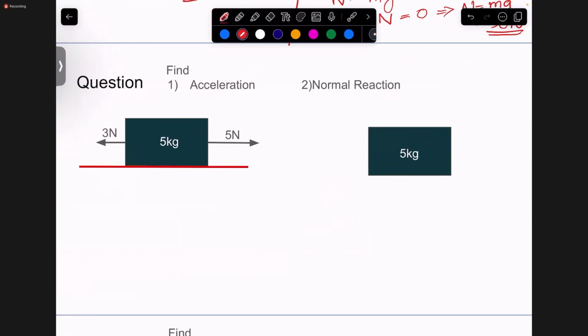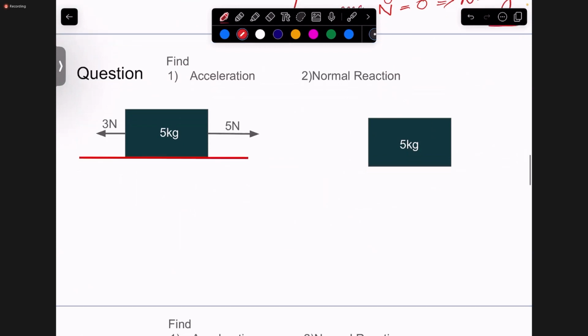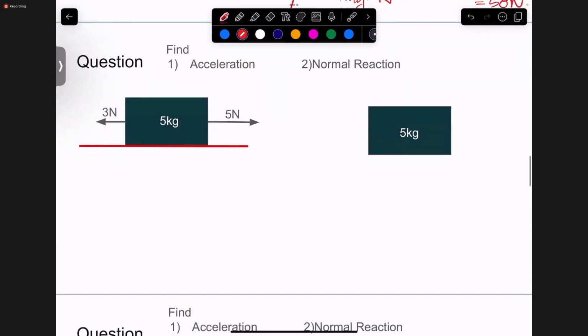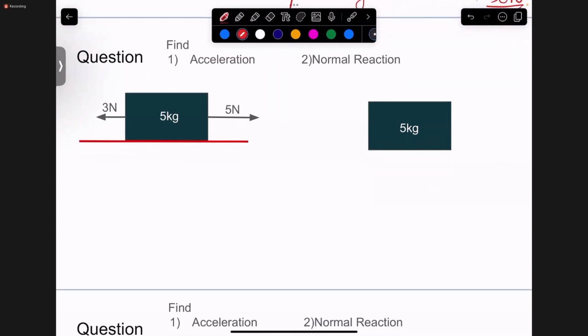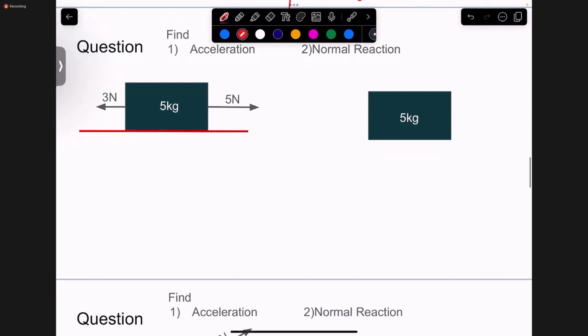Now, the next question. There are two forces acting on this block. One is 5 Newton towards the right and 3 Newton towards the left. So this is push and pull that is happening.